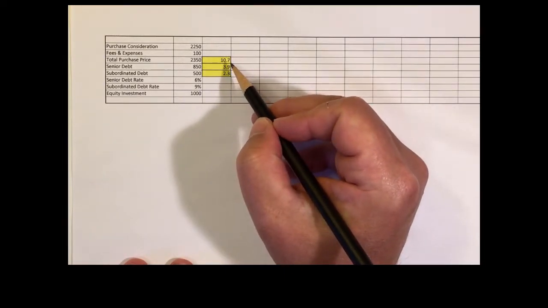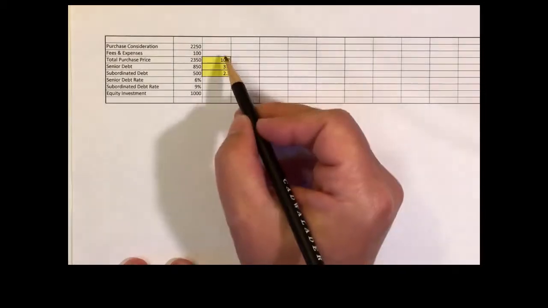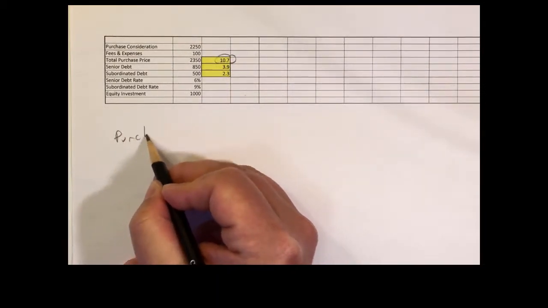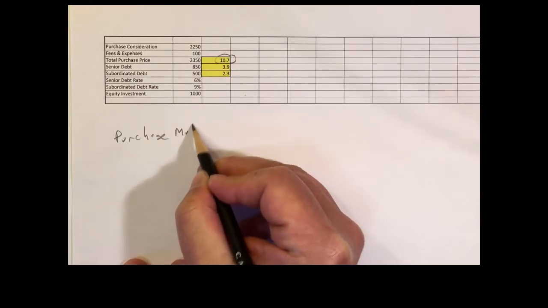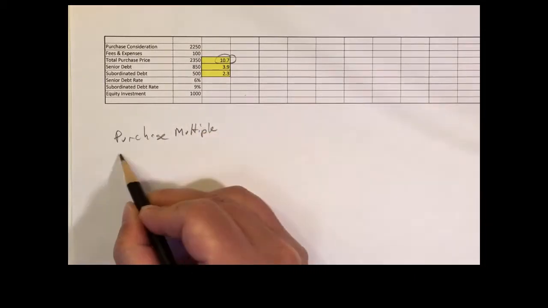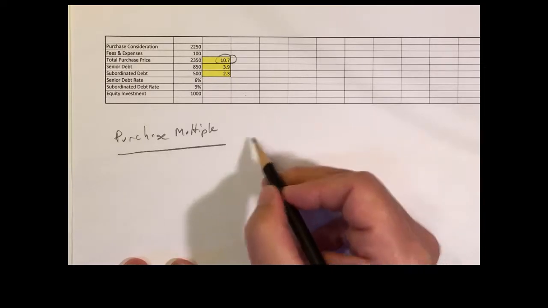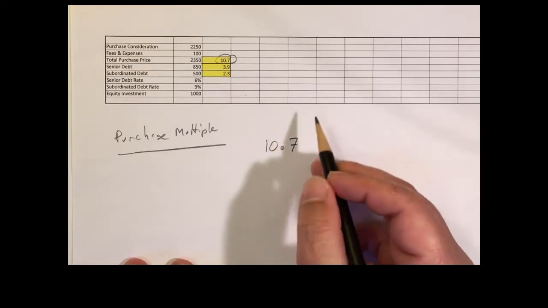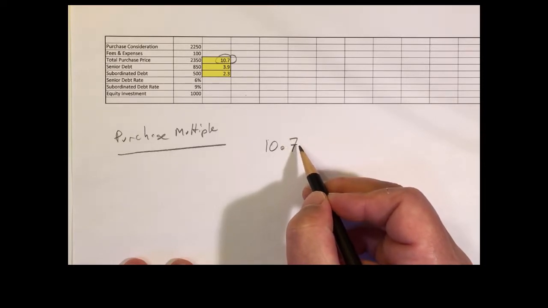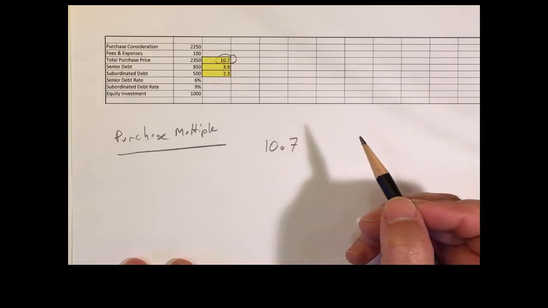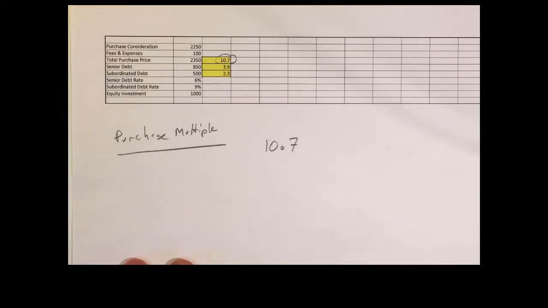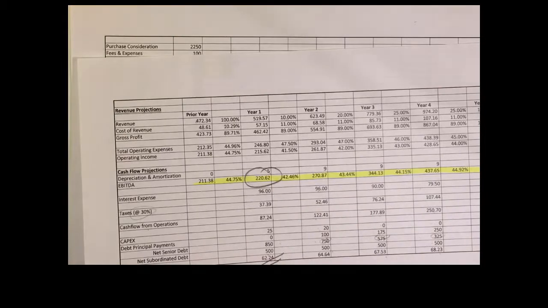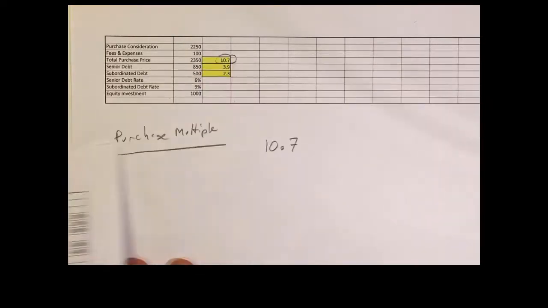They are the multiples, or the entry multiple in this case, right? We'll call it the purchase multiple. And what is the purchase multiple? The purchase multiple is the number that you'd have to multiply the assumed level of EBITDA. In this case, I'm using the first year's projected EBITDA, right?